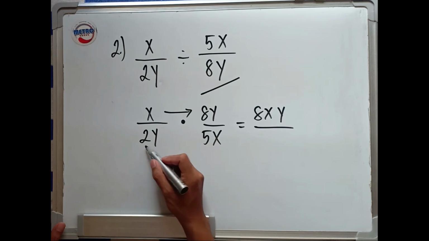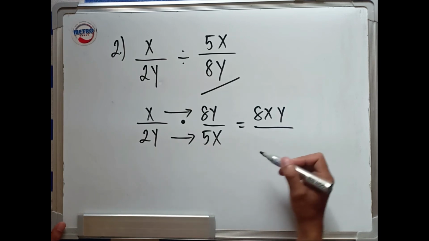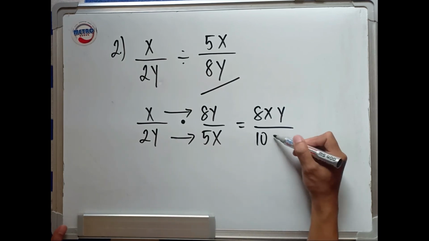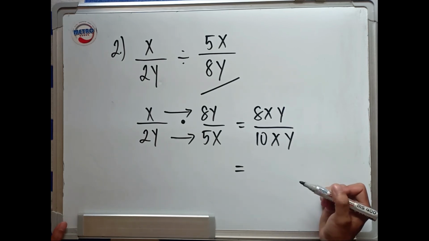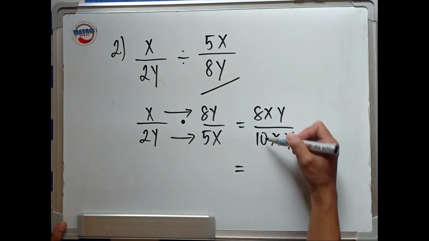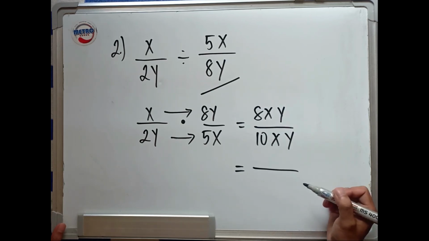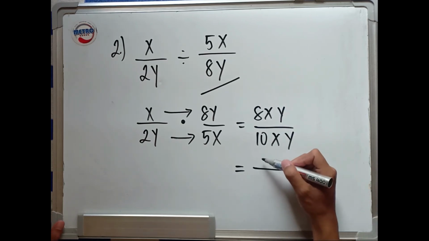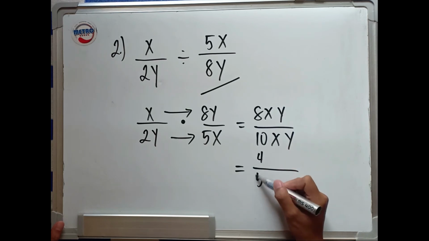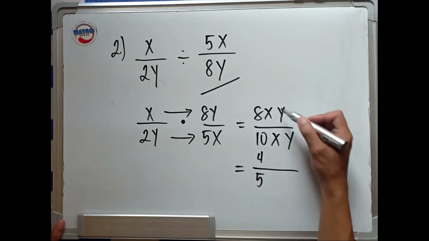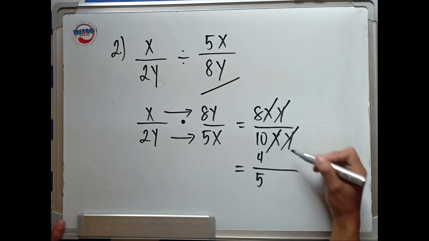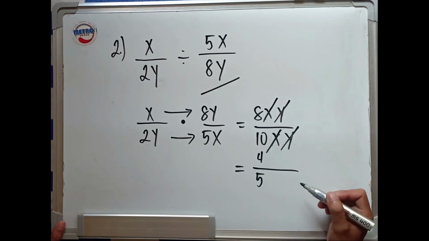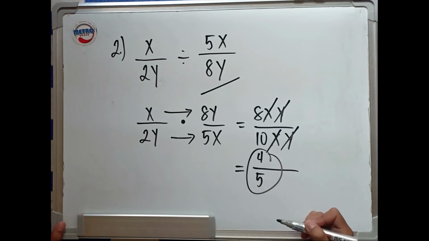Then 2y times 5x is 10xy. Then we are going to simplify. So 8 over 10 can be written as 4 over 5. Then we can cancel x. We can also cancel the variable y. So our answer will be 4 over 5.